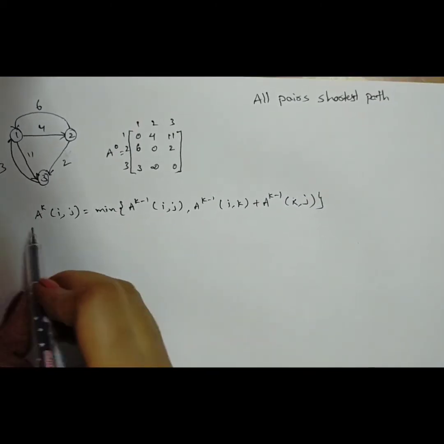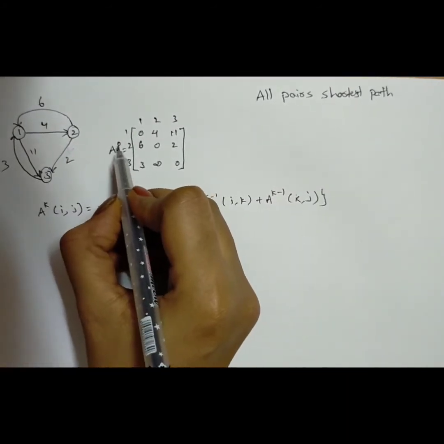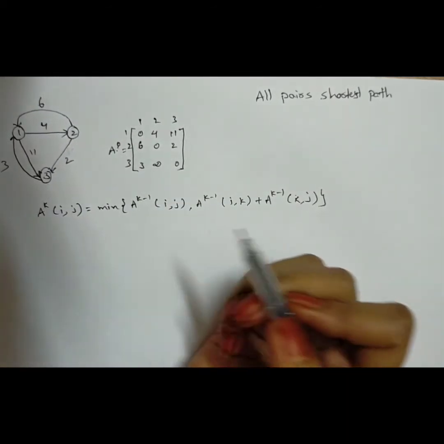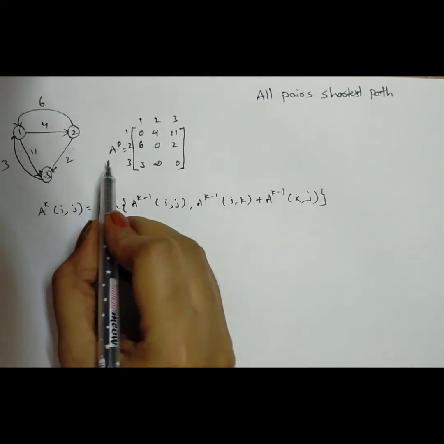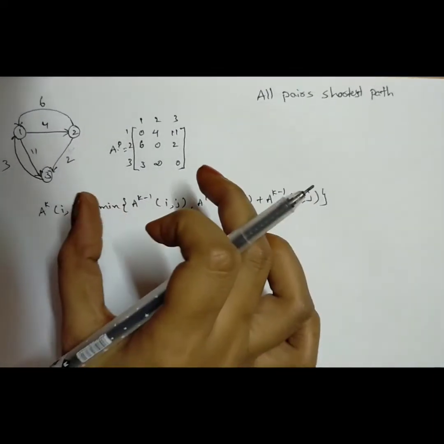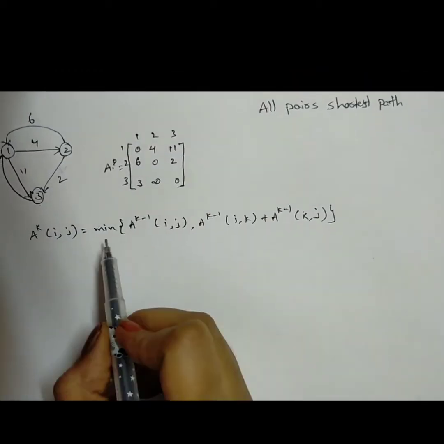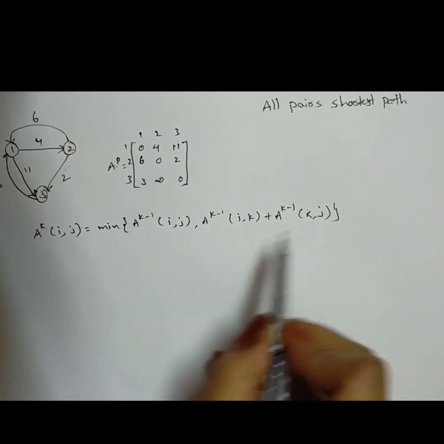Here k represents the matrix number, A1, A2, A3, like that, and i comma j represents the ordered pair taken in the matrix. We will take the minimum value of these two values.